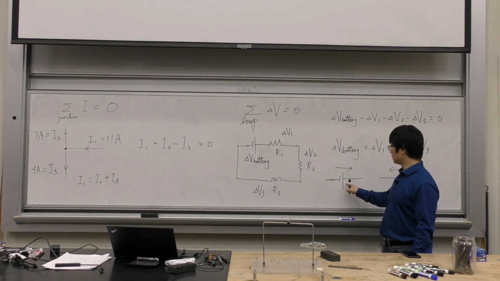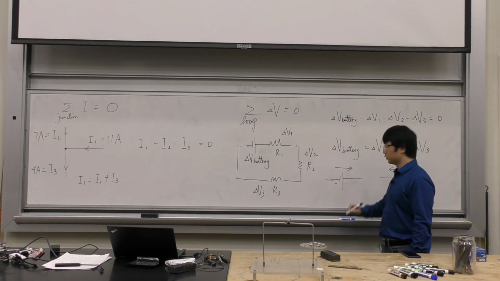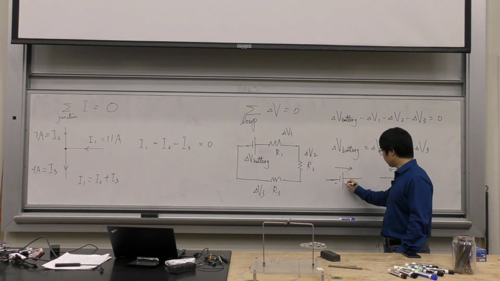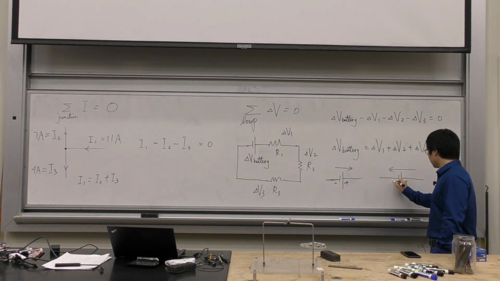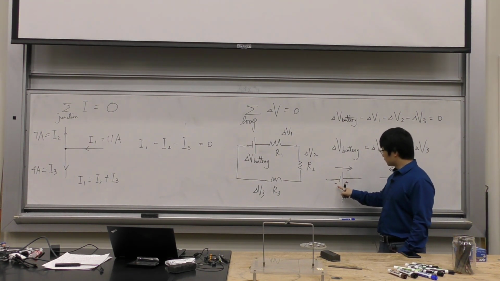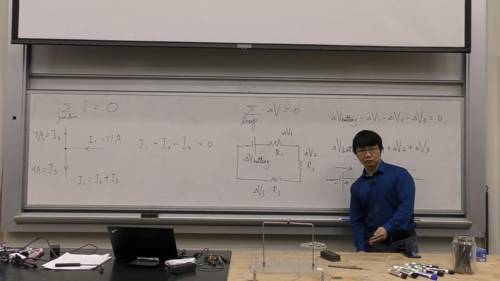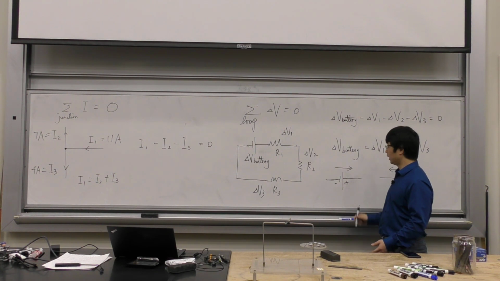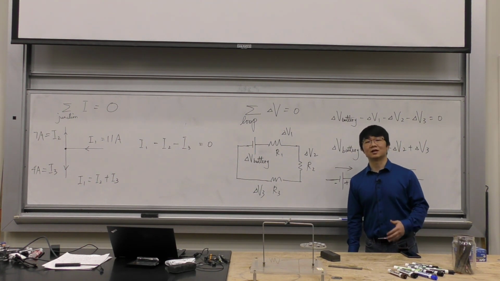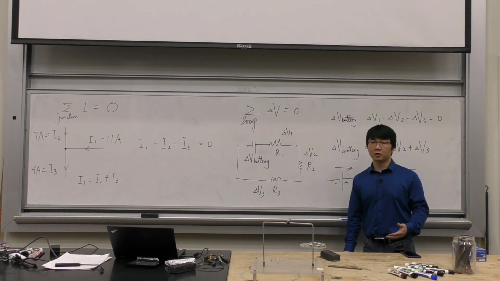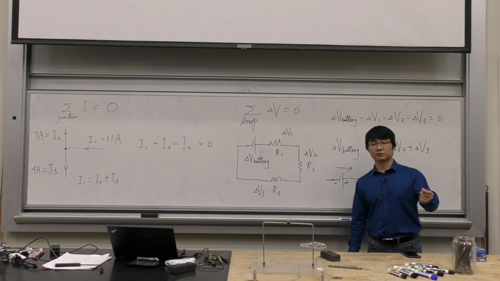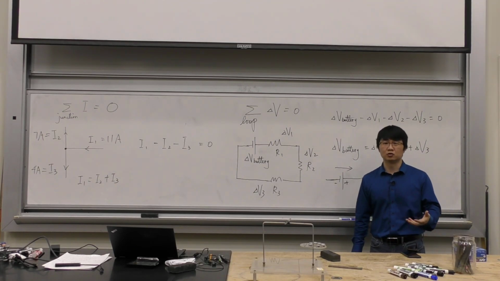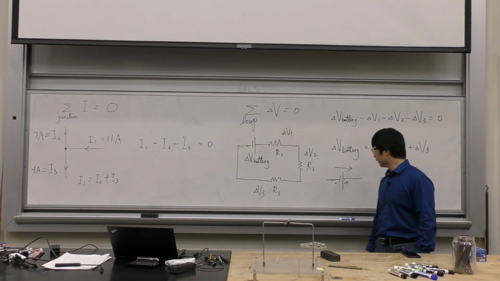The symbol is this: the short line is the negative terminal, and the longer line is the positive. That means the short line, the negative terminal, is always at a lower potential, and the positive terminal is always at a higher potential. That's intuitive. That's why we call them positive and negative. You're not going to call a higher one negative and a lower one positive. That's counterintuitive.